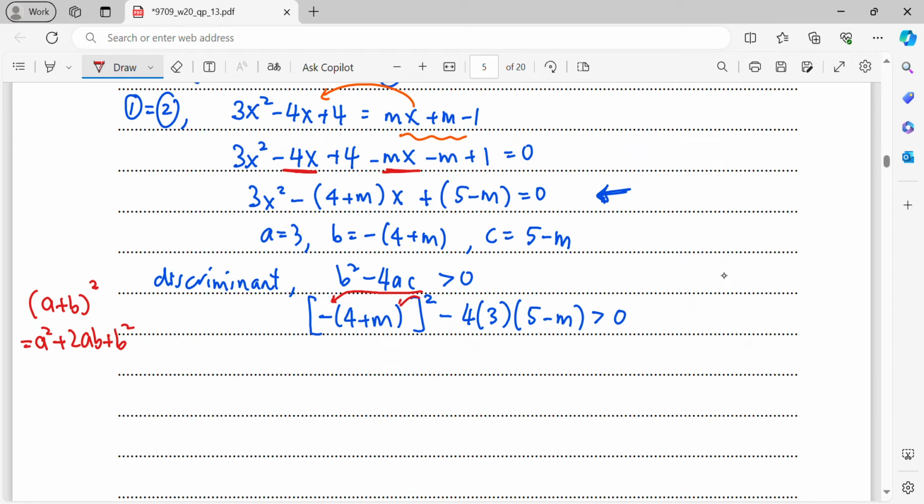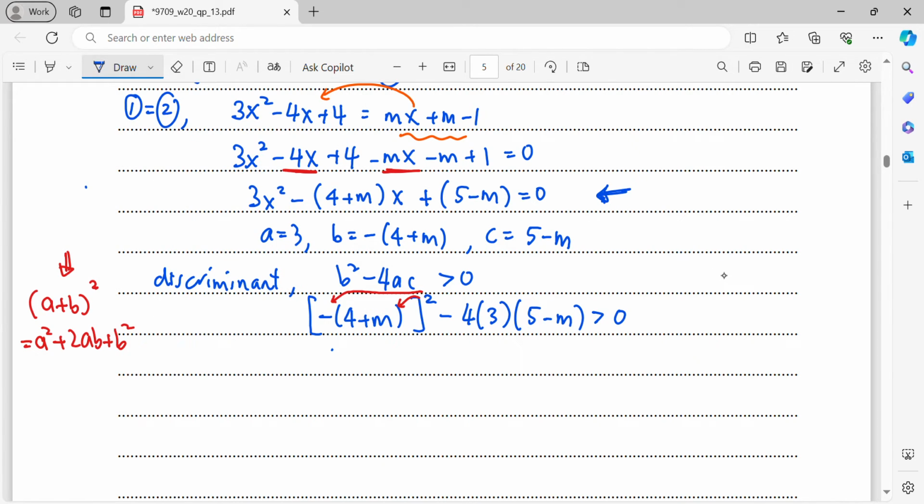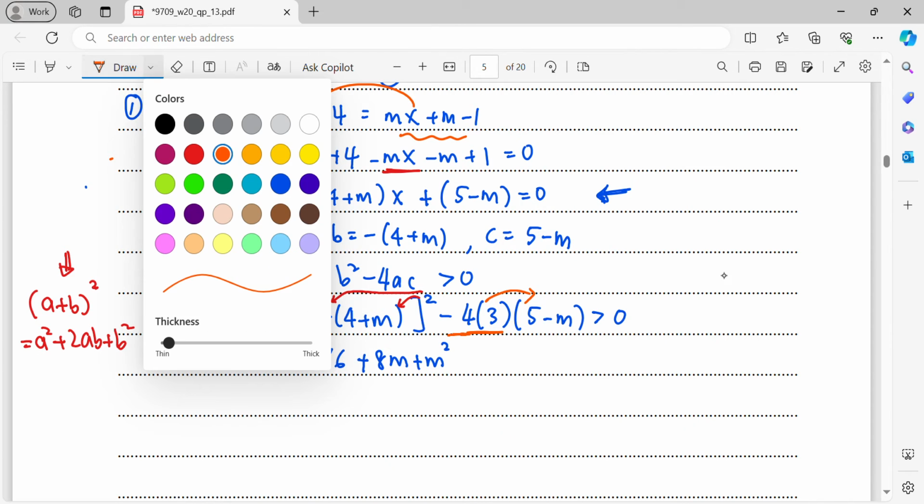Then the squared you bring into (4 plus m) and apply this formula, which means it will be 4 squared is 16, plus 4 times m times 2, it's 8m. Then m, you squared it, it will be m squared. Right, so the other one is negative 12, together with this negative. So negative 12 times 5, you will be getting negative 60.